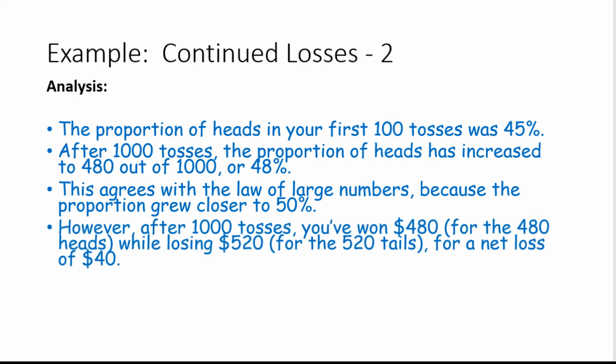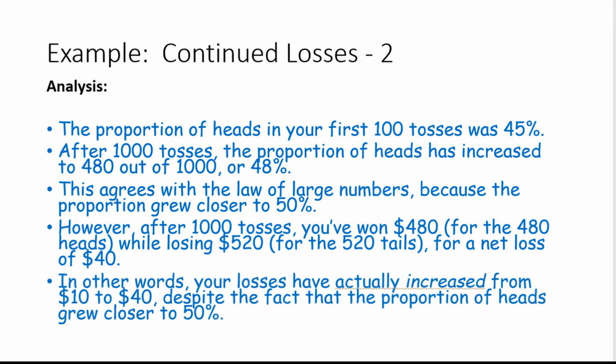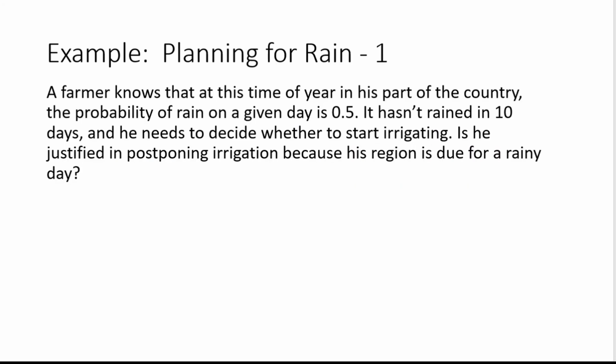However, after 1,000 tosses, you've won $480 for the 480 heads while losing $520 for the 520 tails, for a net loss of $40. In other words, your losses have actually increased from $10 to $40 despite the fact that the proportion of heads grew closer to 50%.